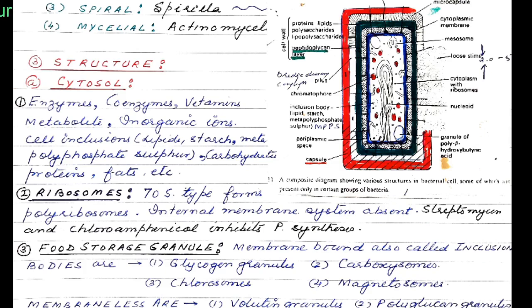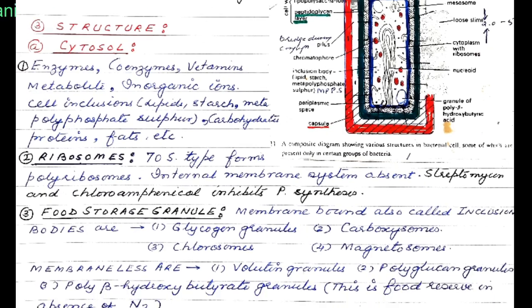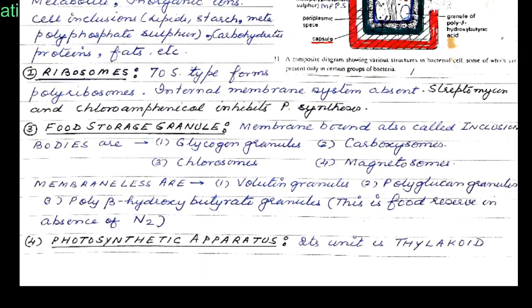Carbohydrates, proteins, and fats are the usual components. Then come the ribosomes. As I have told you, you come across 70S ribosomes in prokaryotic bacteria, whereas eukaryotes, as you know, have 80S ribosomes.